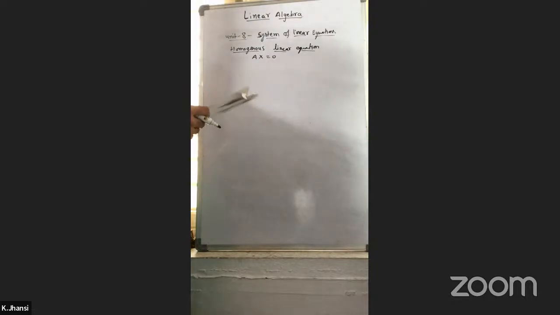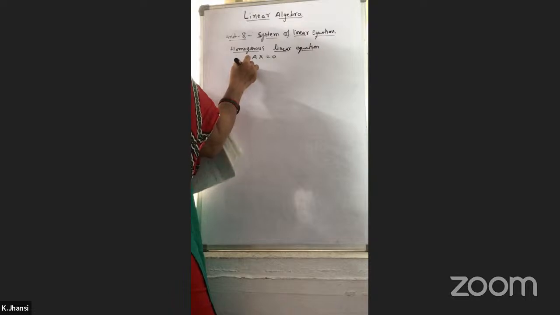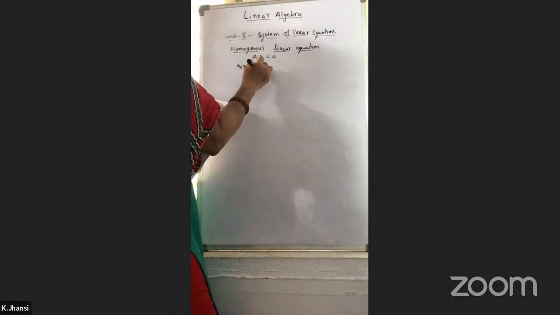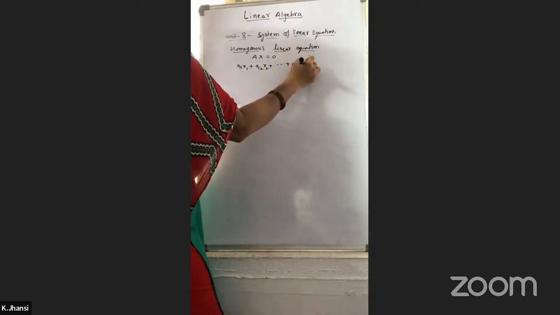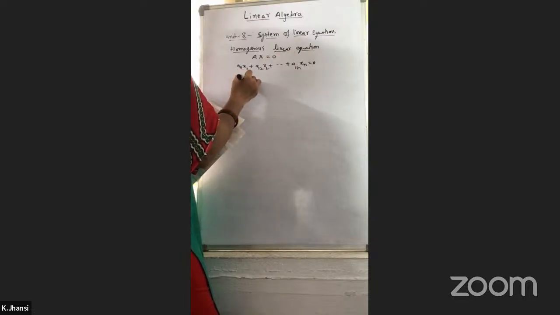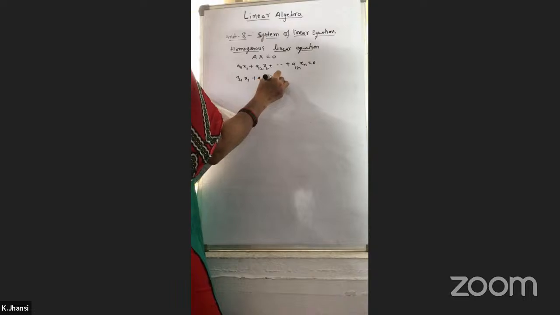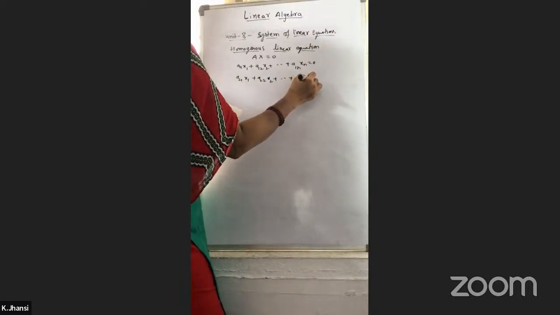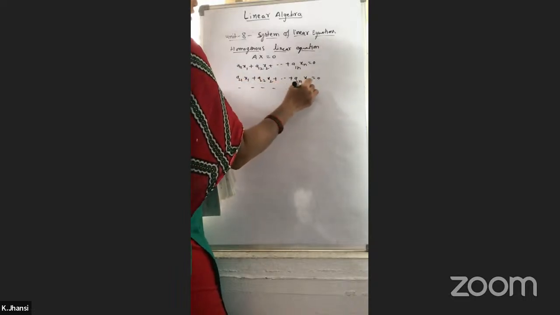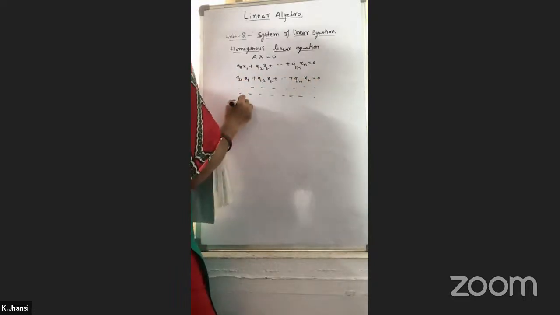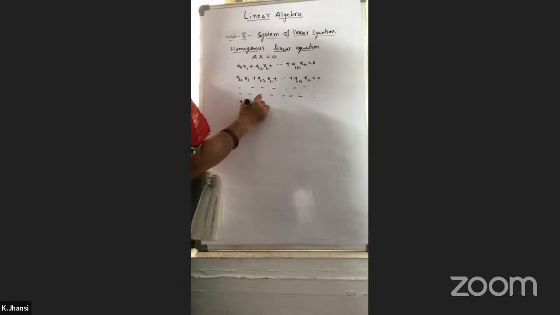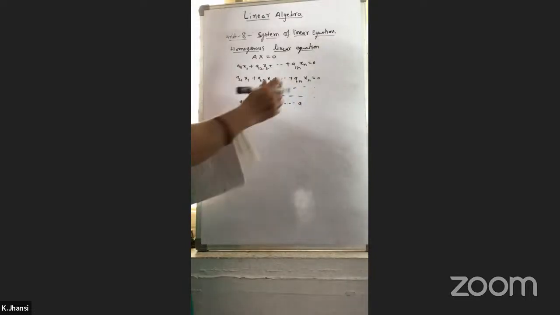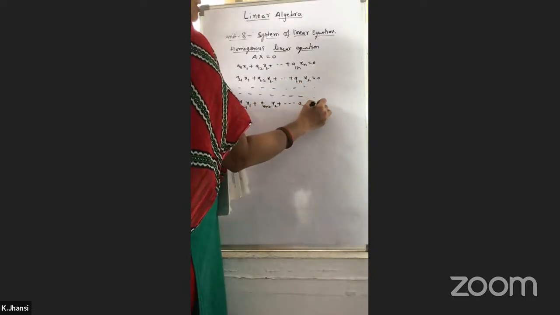Okay. So the form will be like this: A11 x1 plus A12 x2, so on up till A1n xn equals 0. Next, A21 x1 plus A22 x2 plus so on A2n xn equals 0. So like this, you will have the form. The last one is Am1 x1 plus Am2 x2 plus so on Amn xn equals 0.